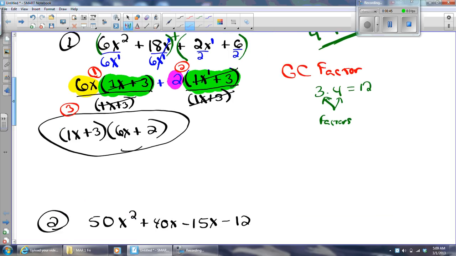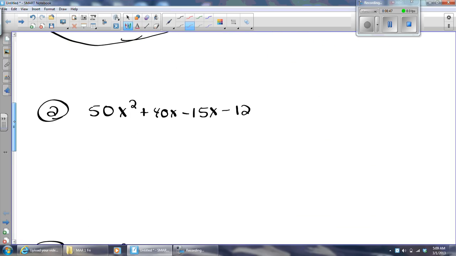All right, let's try this again. Remember to group. I need to pair up, make 2 pairs. There's 4 terms here. I'm going to make a group of 2 and another group of 2. Got to make sure there's a GCF in both groups, and I like my GCF there. The second one does have a GCF. I'm going to grab that negative, and then I'm going to put a plus in between.